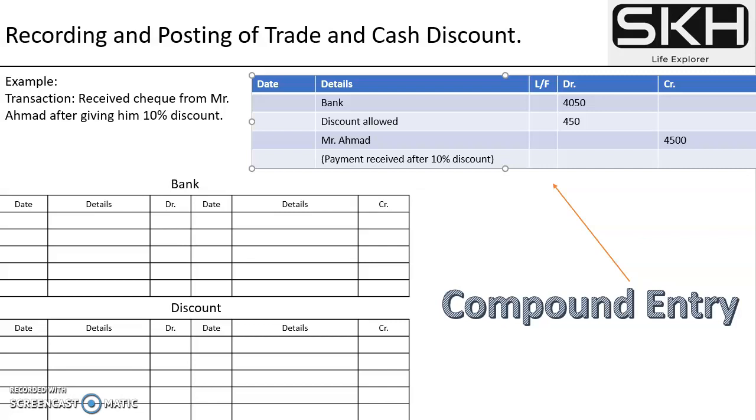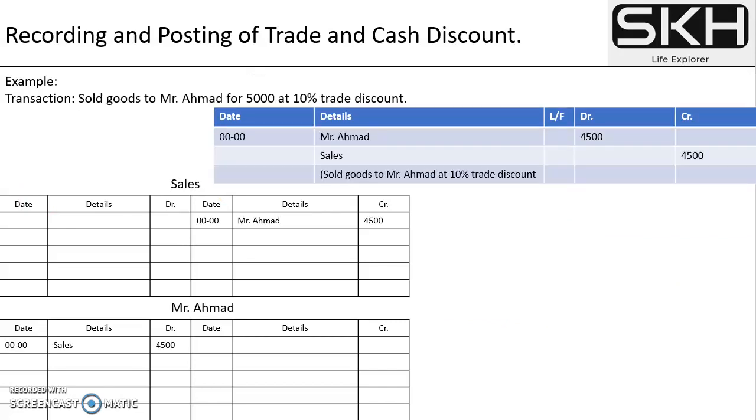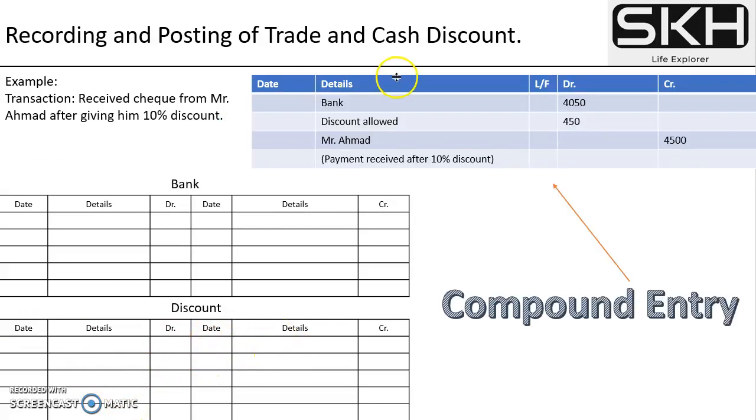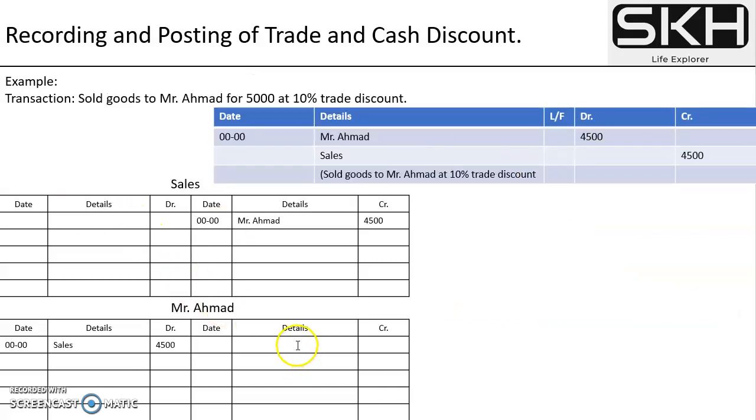So let's do this transaction in our ledger now. In this transaction, Mr. Ahmad's account is closed. So Mr. Ahmad is credited by 4,500, but there are two reasons, 450 and 4,050. So I will close the account of Mr. Ahmad first.